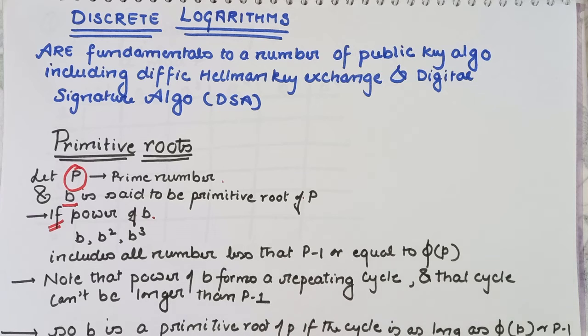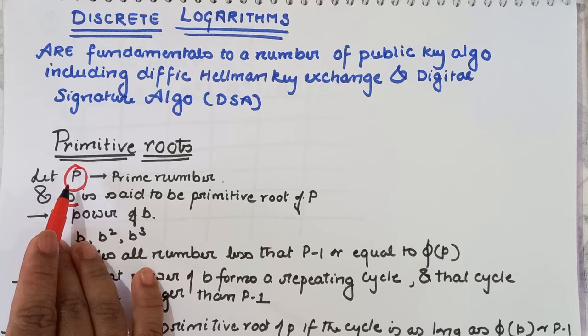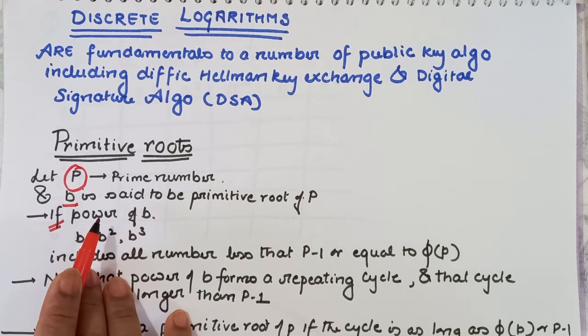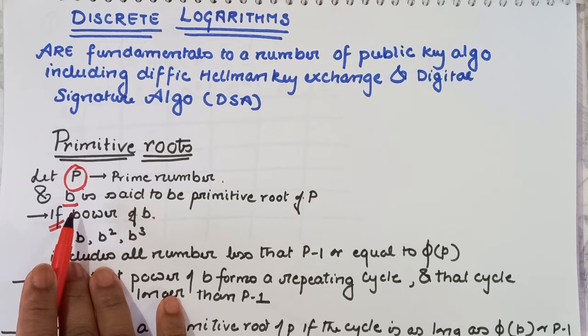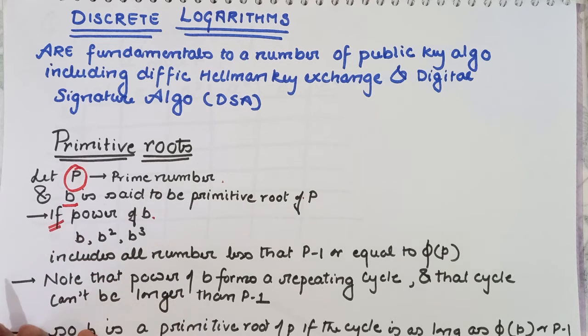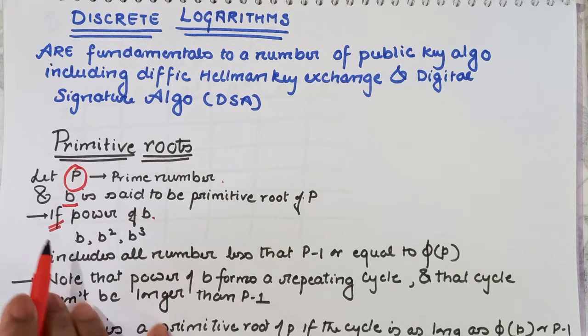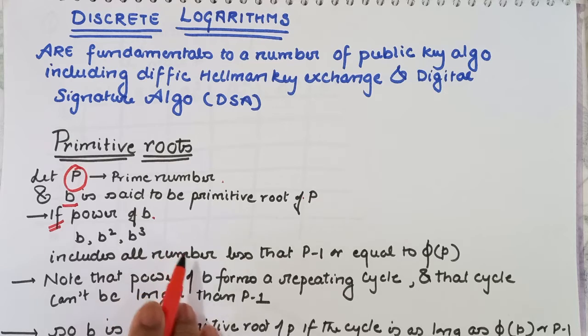Do you understand this? Any number is a primitive root of a prime number when the powers of that number, b to the power 1, b to the power 2, b to the power 3, any power, include all numbers up to p minus 1.